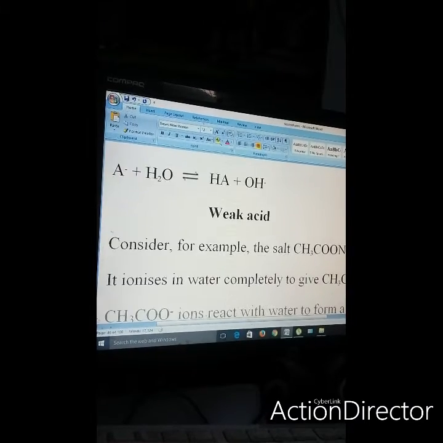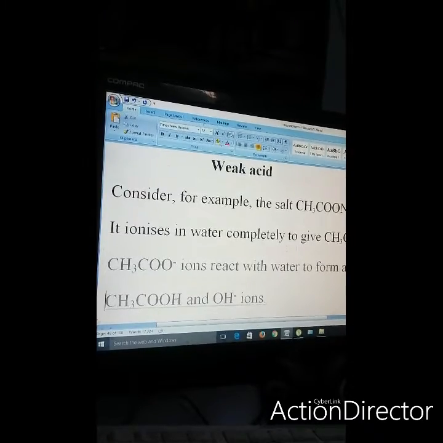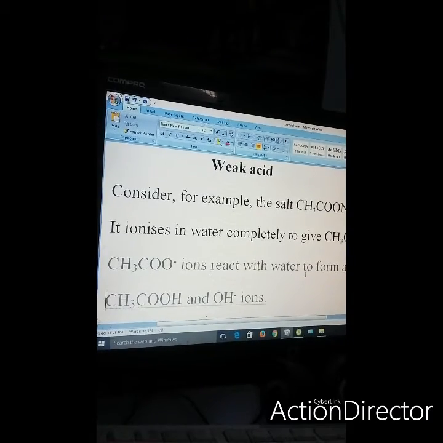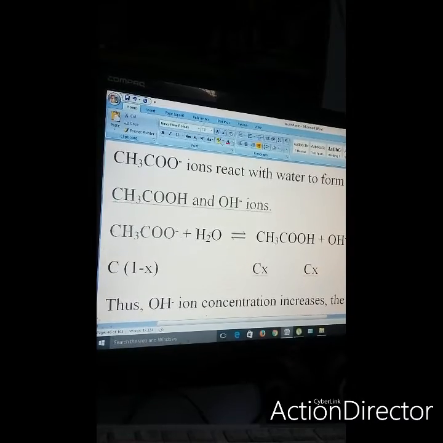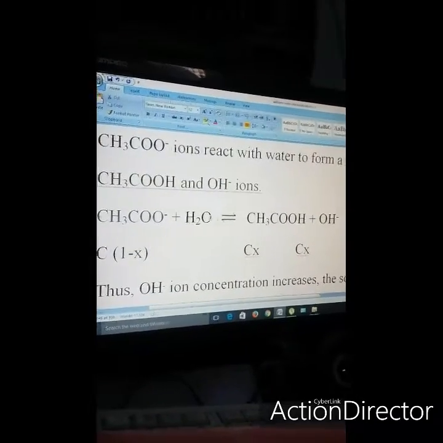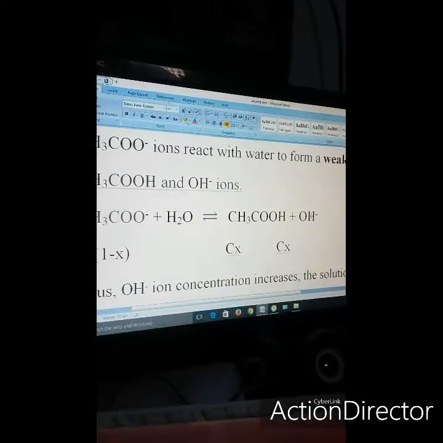We are considering sodium acetate, which ionizes in water to acetate ions and sodium ions. These acetate ions will react with water to give you acetic acid, which is a weak acid, and hydroxyl ions. So this is the equation: CH3COO negative reacting with water giving you acetic acid and hydroxyl ion.